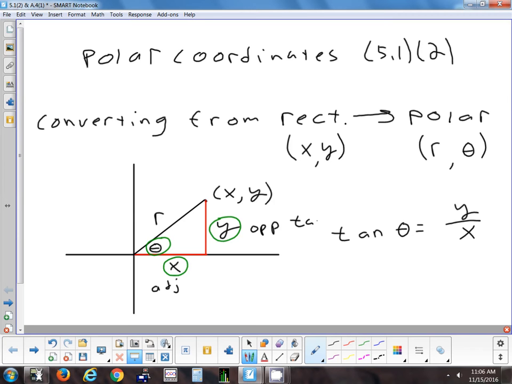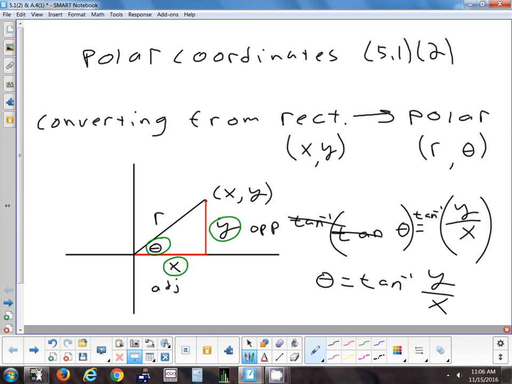All right, so what I'm going to do is just take the inverse tangent of that entire side. It's kind of like taking the square root of a whole side and take the inverse tangent of the other side. So now what happens is that inverse tangent and regular tangent cancel out, and I'm left with a formula for my angle. Okay, to find theta, it's the inverse tangent of y over x.